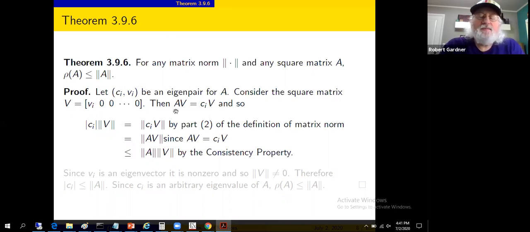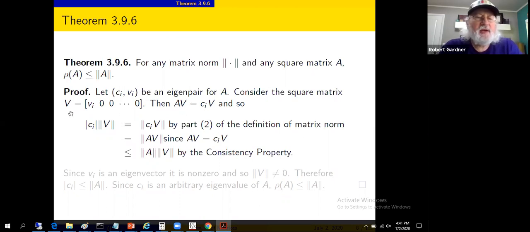Think of it like this. When I multiply matrix A times matrix V, what you effectively get is a matrix whose first column is matrix A times the first column of V. The second column on the right-hand side is matrix A times the second column of V. The third column on the right-hand side is matrix A times the third column of matrix V, and so forth.